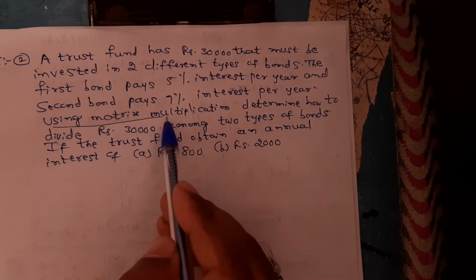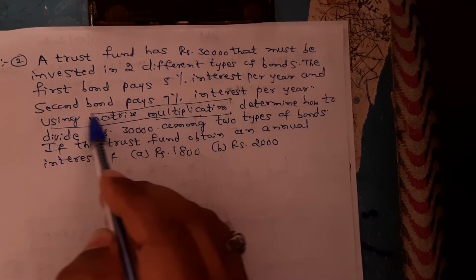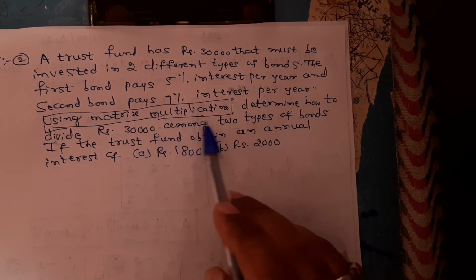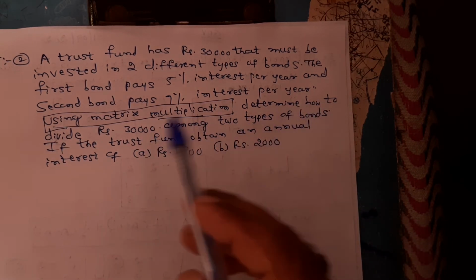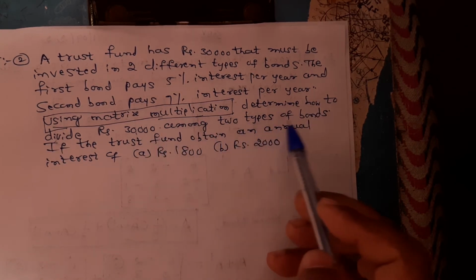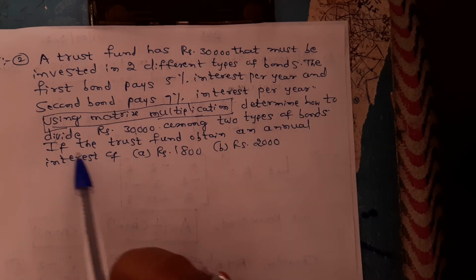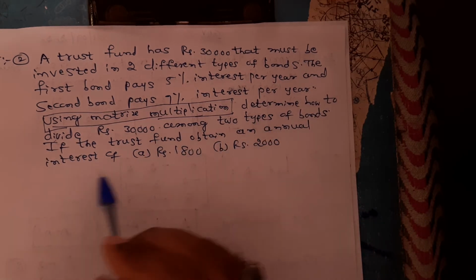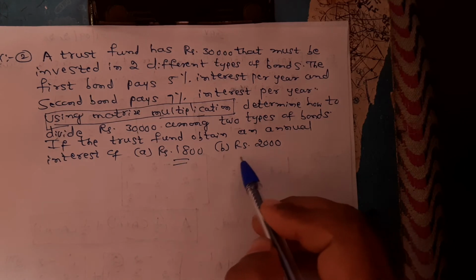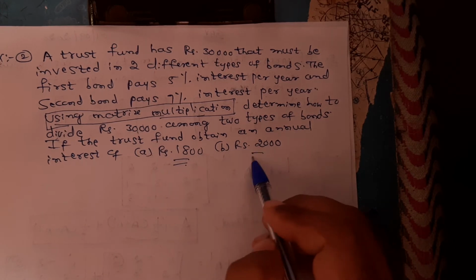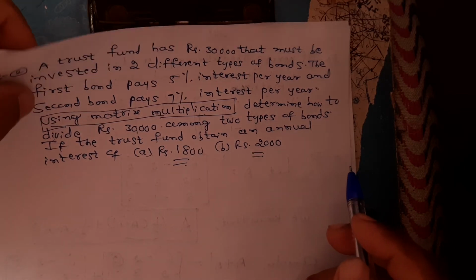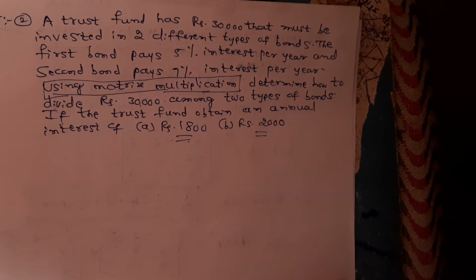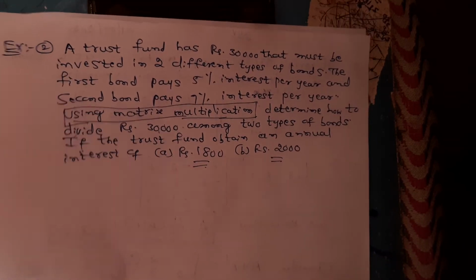So using matrix multiplication, determine how to divide 30,000 rupees among two types of bonds if the trust fund obtains an annual interest of 1,800 rupees. The first case is 1,800 rupees and the second one is 2,000 rupees. So there are two types of bonds.